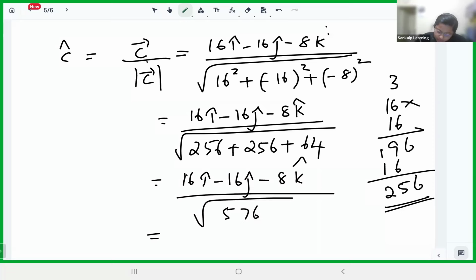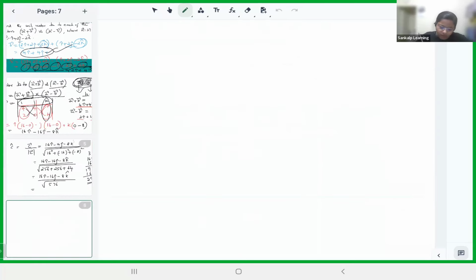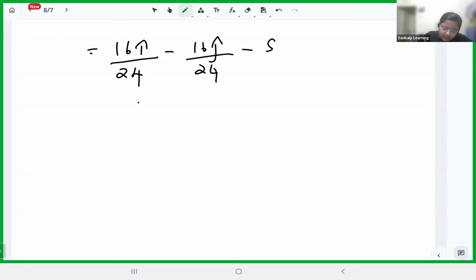So this is equal to 16i divided by root 576. We know what the value is. It is 24, right? So 16i divided by 24, minus 16j divided by 24, then minus 8k divided by 24.